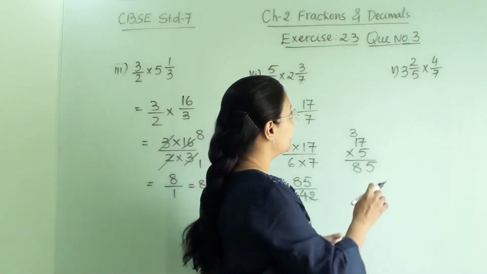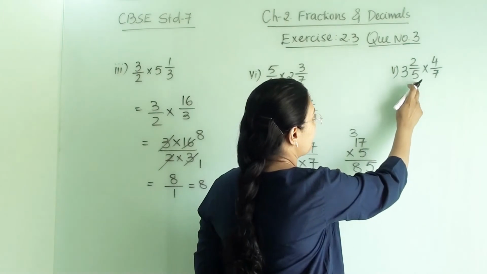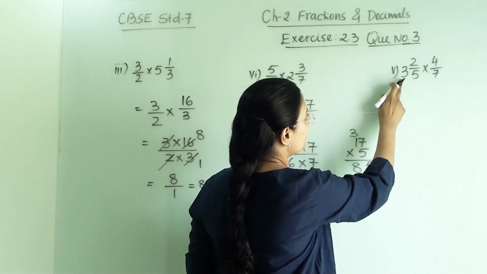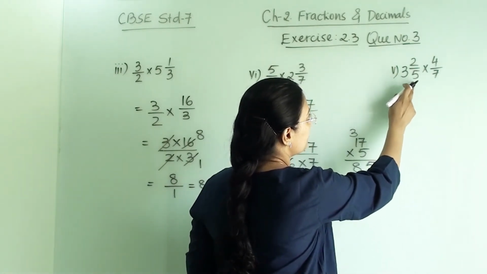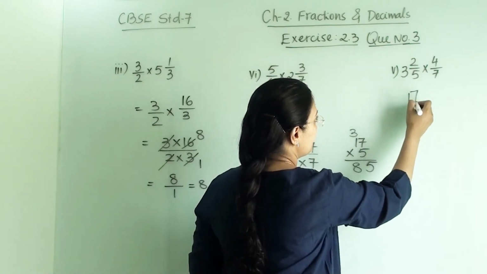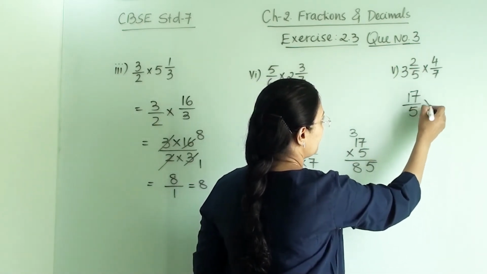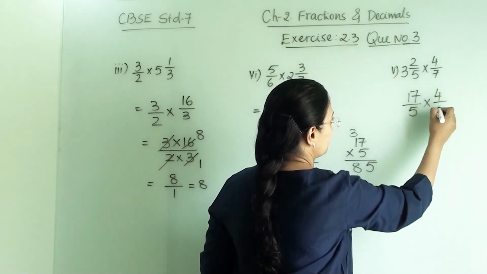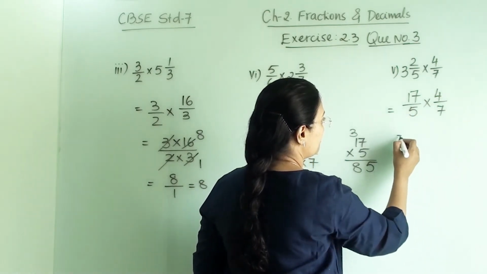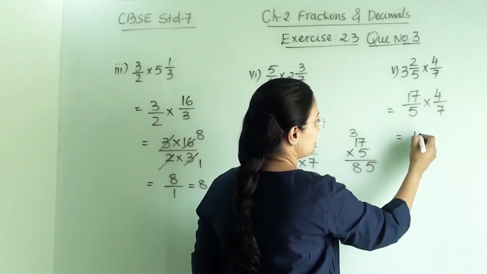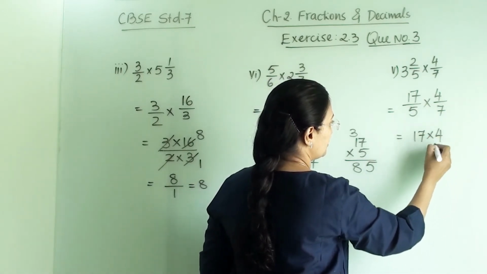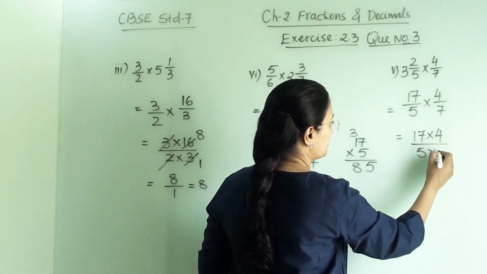The fifth numerical is 3 2 by 5. So let us convert this. So 3 into 5 is 15 plus 2 is going to be 17. 17 into 5 in multiplication with 4 divided by 7. So we cannot reduce anything here. So it is 17 into 4 divided by 5 into 7.